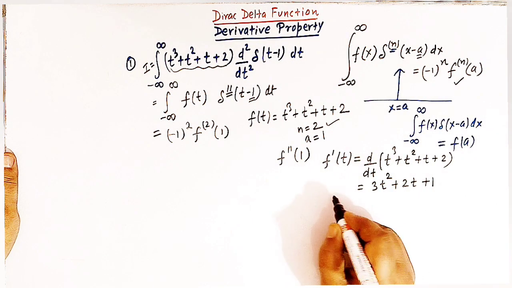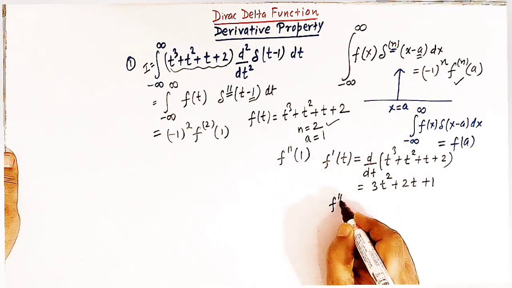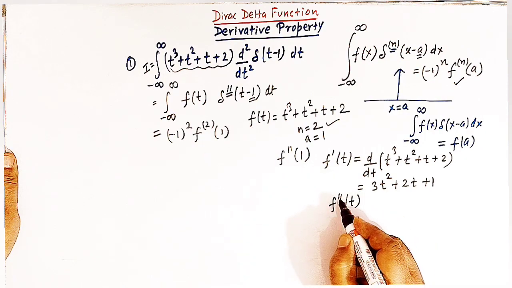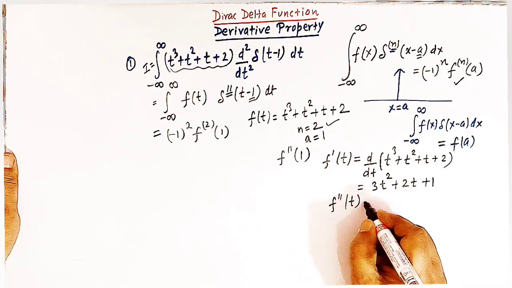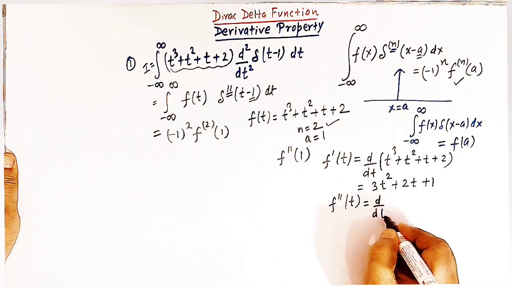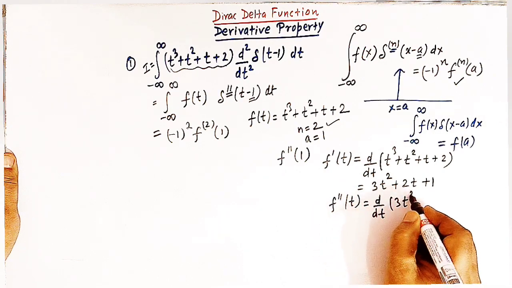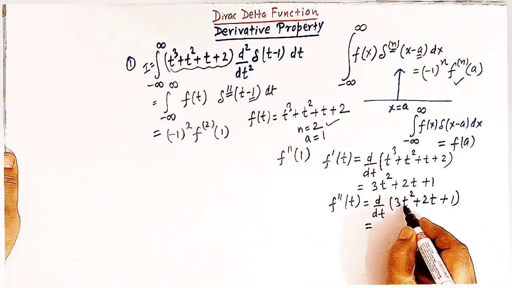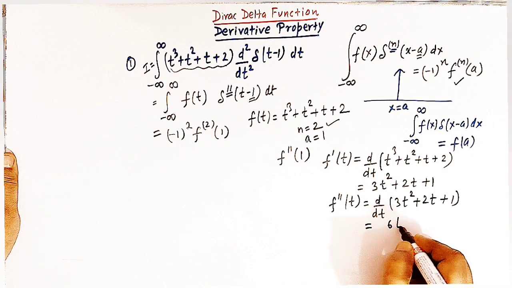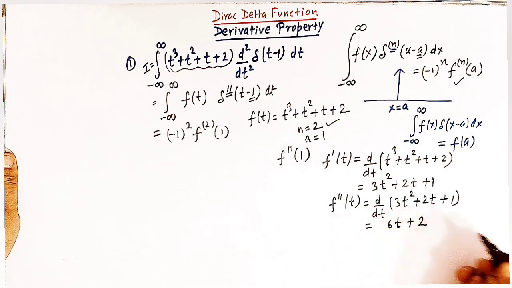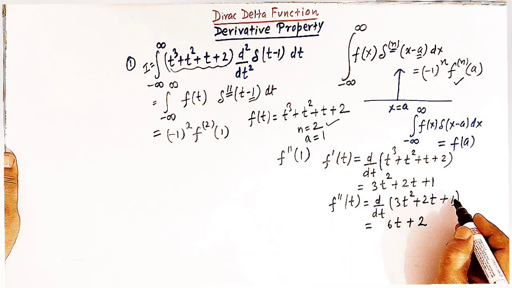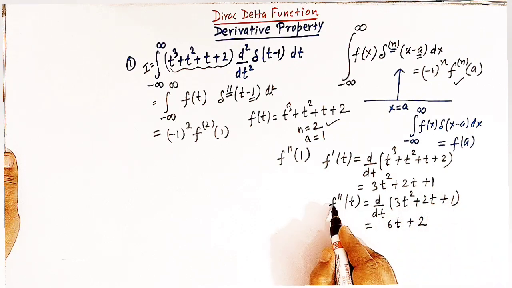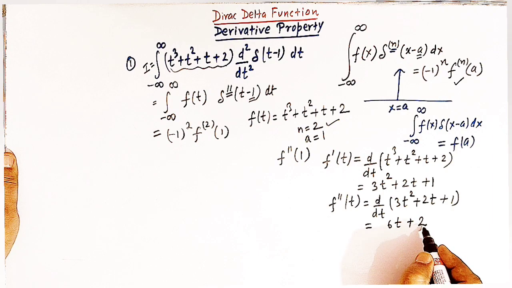So now let us obtain the second derivative of f of t. So f double prime t is given by the derivative of 3t square plus 2t plus 1. So here we have 6t, and here we have simply 2, right? And the derivative of 1 is 0, being a constant. So the second derivative is given by 6t plus 2.